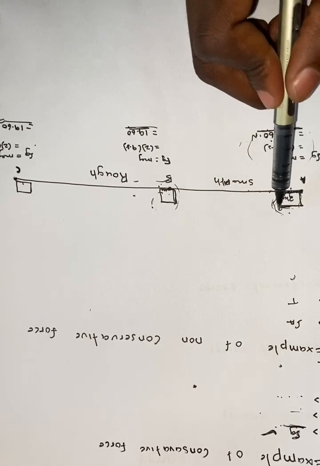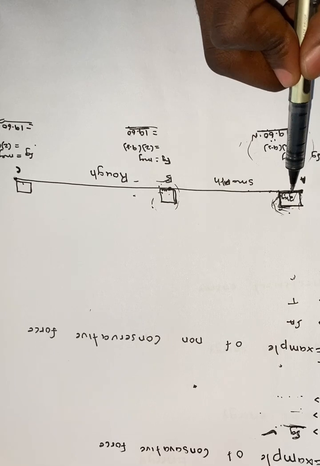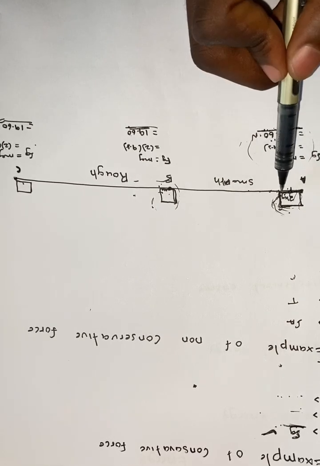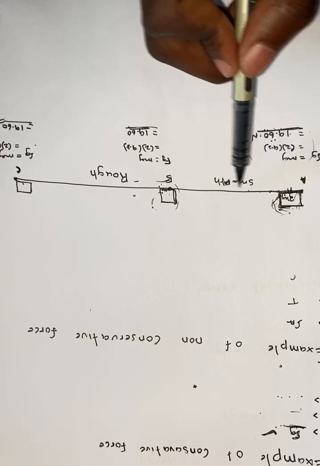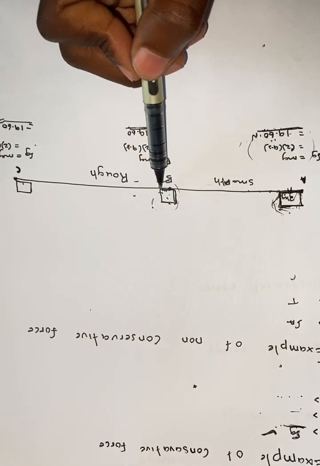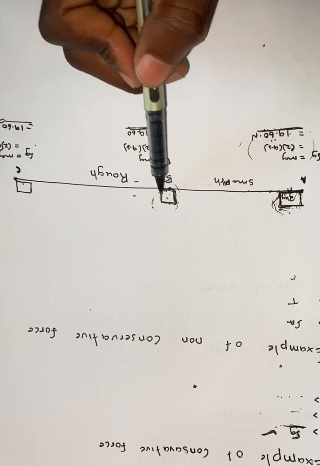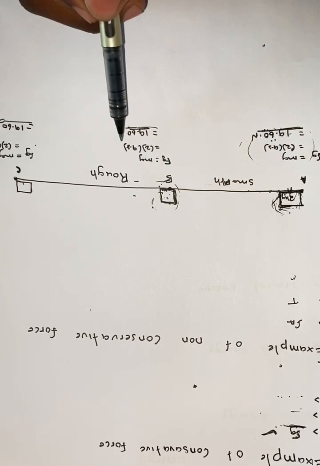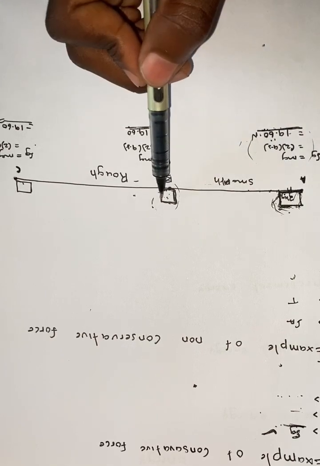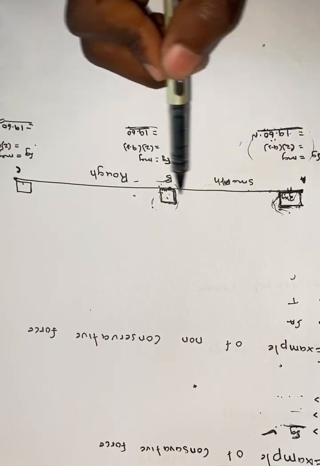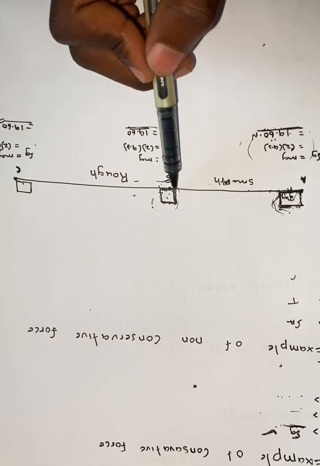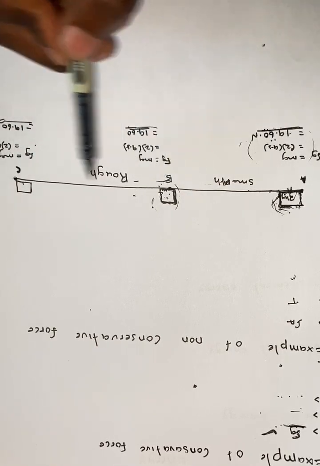When the block is standing at point A, it has an Fg, or a weight, of 19.60. Even if the block moves along the smooth surface to point B, it will still have a gravitational force of 19.60. That means even if it moves from point A to point B, its gravitational force doesn't change. Once again, it moves from point B to point C, which is a rough surface.